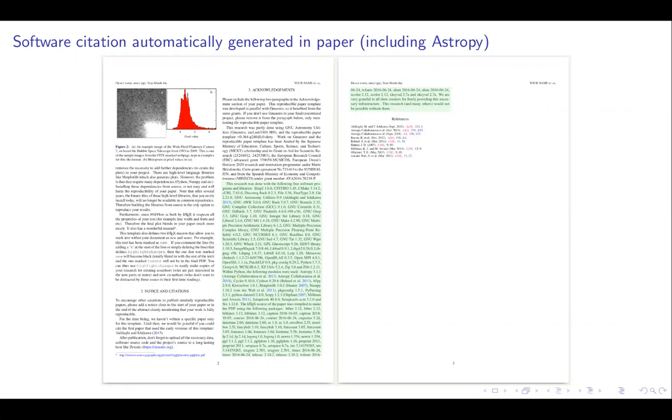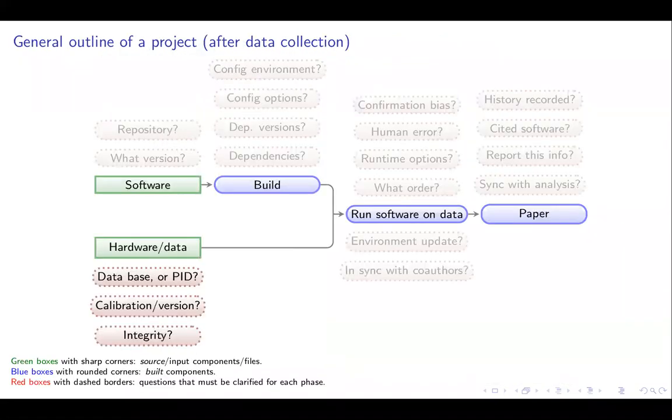This paragraph and all the citations in it, and the versions and names of software, are generated automatically as a LaTeX macro. As a user of the system, you just have to write one line, like backslash software link, I don't know the name of the macro. You just write that single macro line, and this will pop up in your PDF, with all the citations, all the versions and names of the necessary software in your project.